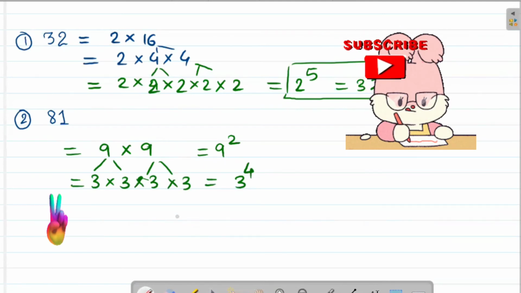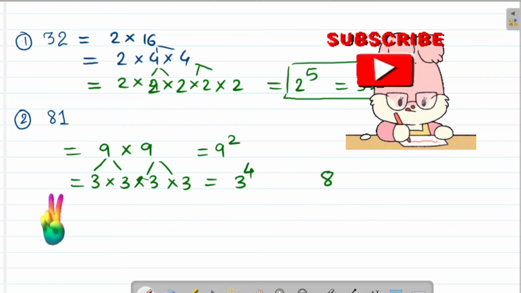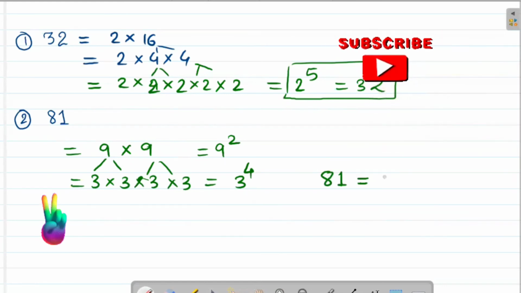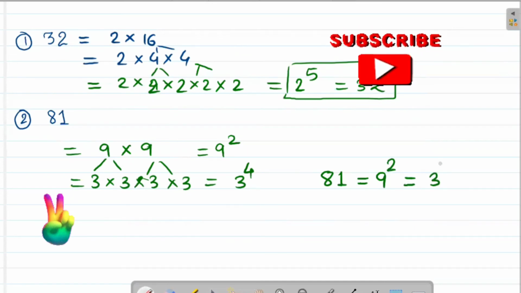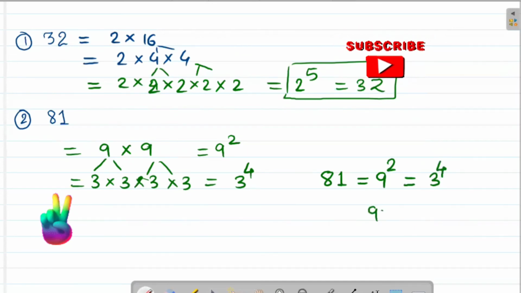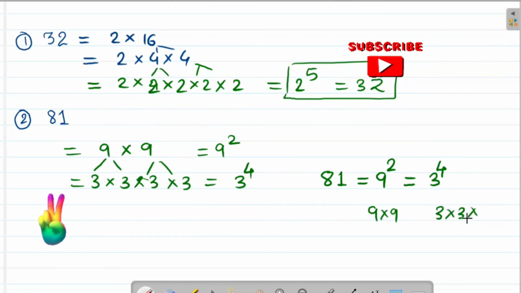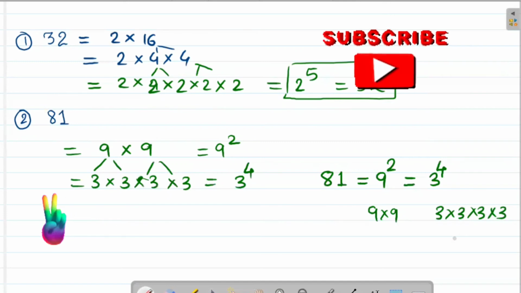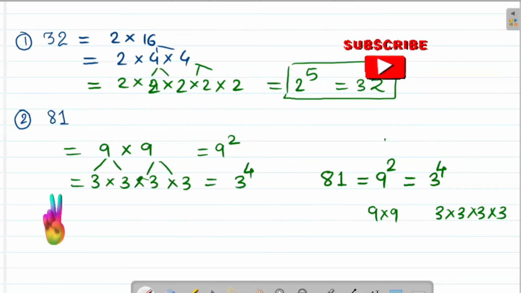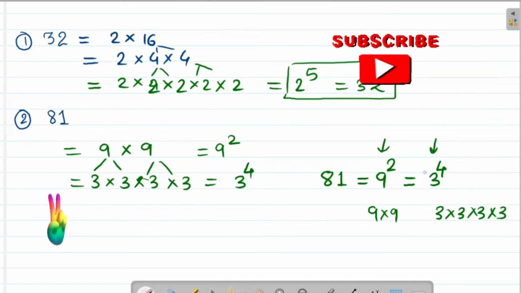So I can say the power format of 81 is nothing but 3 raised to 4. So 81 can be written in exponential form as 9 squared also, or 3 raised to 4 also, because 9 into 9 gives me 81, and if I multiply 3 four times, that will also give me 81. So both of these are the power format or exponential form of 81.